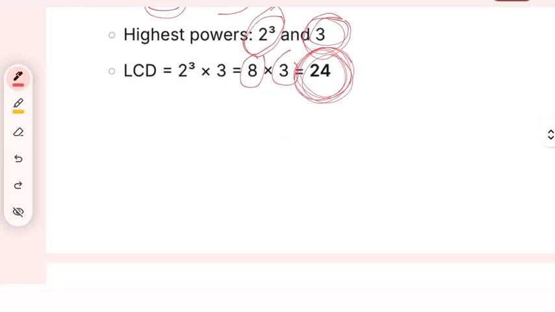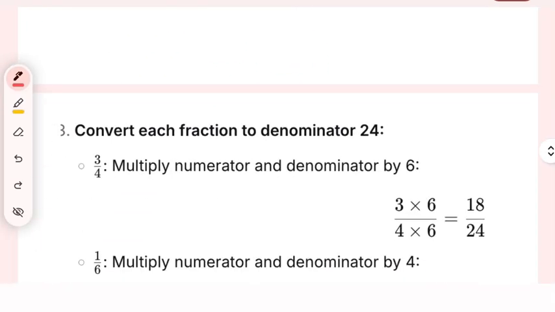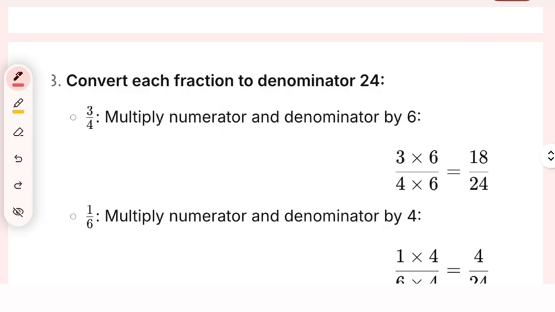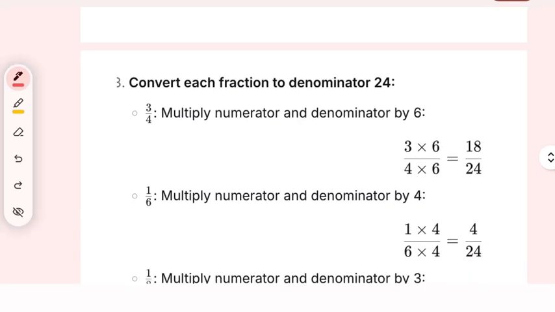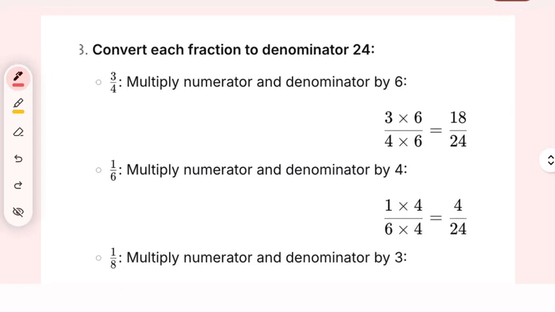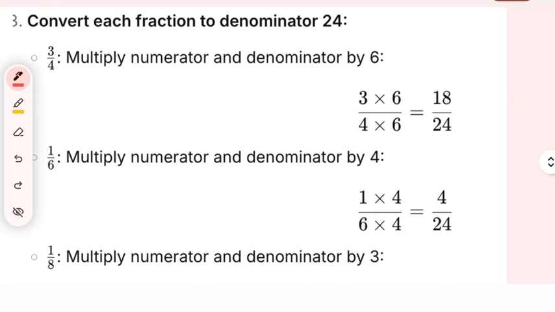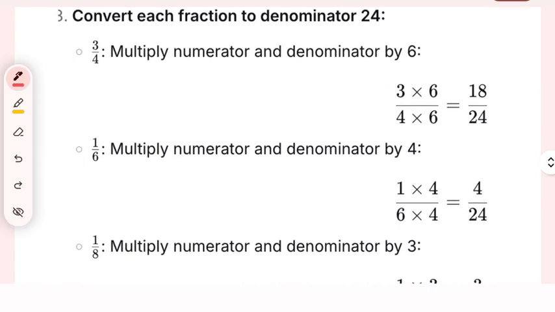Now that we know the LCD is 24, you have to convert each fraction into a fraction with a denominator of 24. For the first fraction, 3/4, multiply the numerator and the denominator by 6, and the equivalent fraction is 18 over 24.